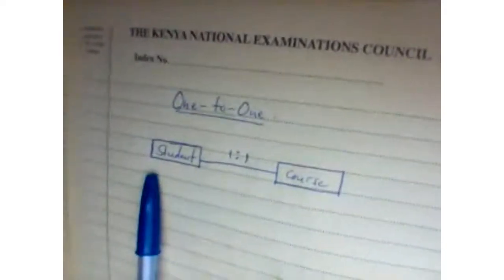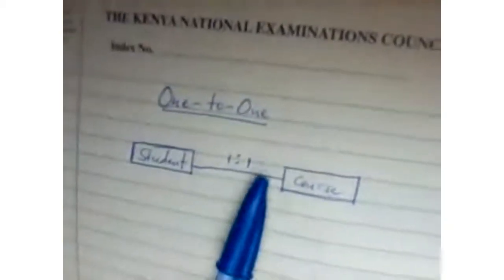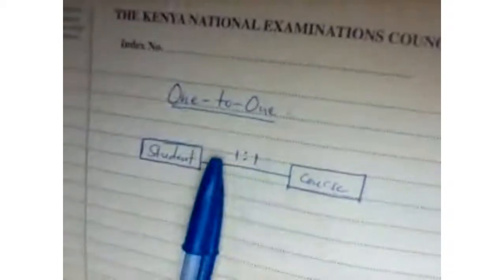All right, where you say that one student can only belong to one course. That is called a one-to-one cardinality ratio, and you see how I've represented it here.